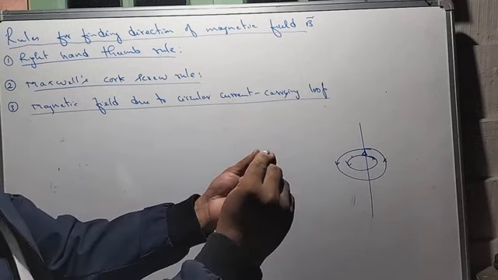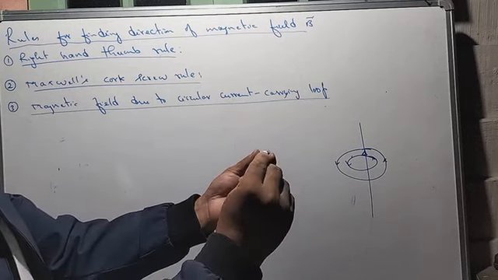If I rotate the screw in the clockwise direction, you will see that as you rotate it, the screw moves inward. That direction of rotation, or the direction of movement of the thumb in this case, will give you the direction of the magnetic field of a straight current carrying wire.